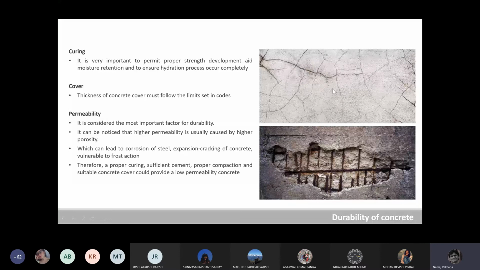If it doesn't, then due to the heat which is going to get released, and if it is not released properly, cracks may appear on the top surface. These are very minute cracks which run across everywhere.